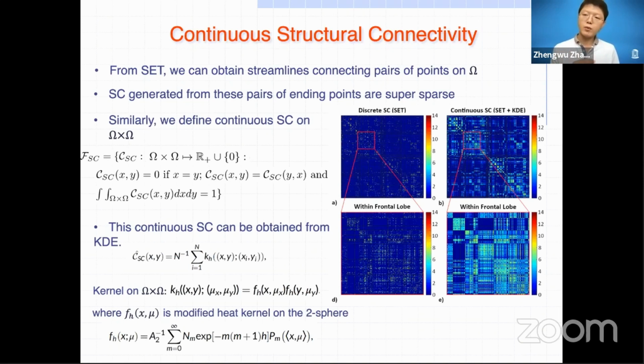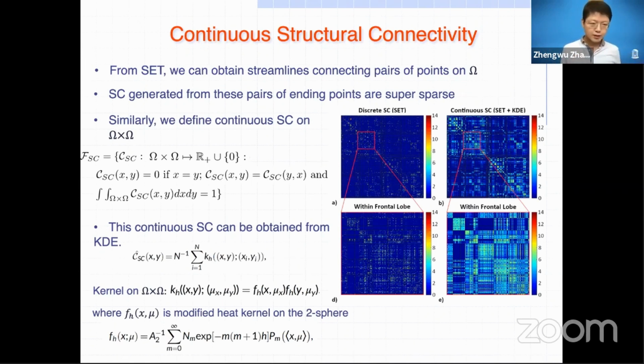Or another way is to treat the connectivity as a probability density function. We have the additional constraint that the integral of the structural connectivity equals 1. So basically what you get is the probability from X to Y: if you have two regions, the probability of the two regions being connected. I'll define the connectivity in a moment.